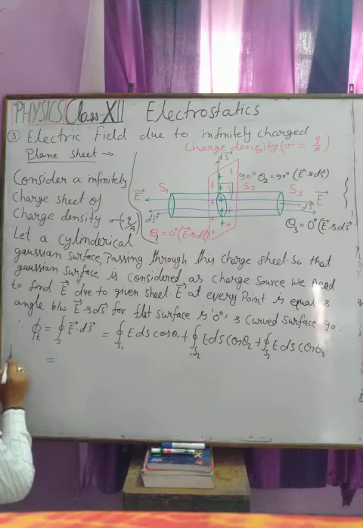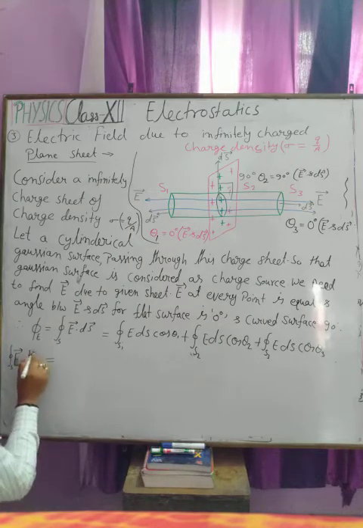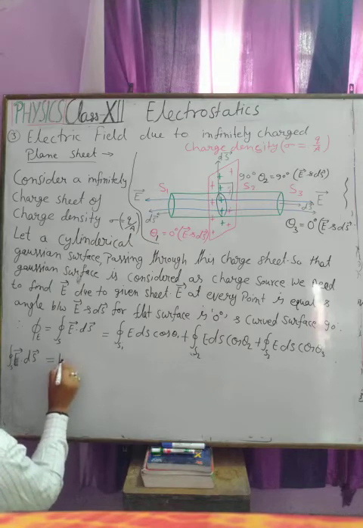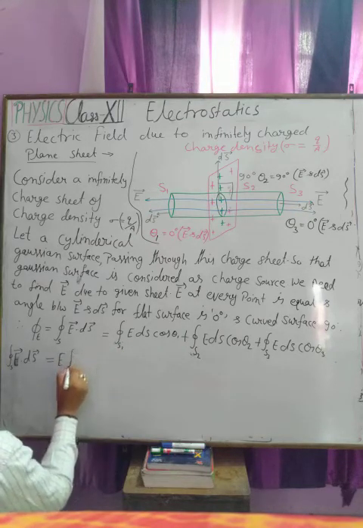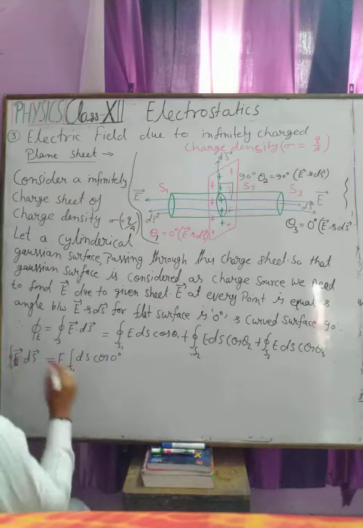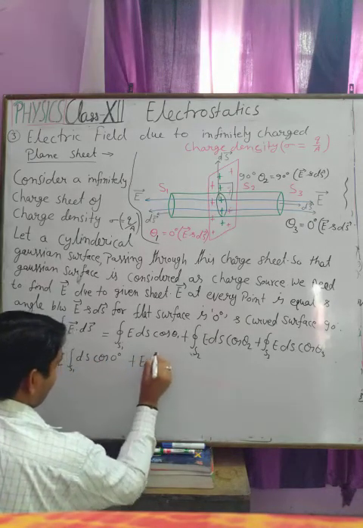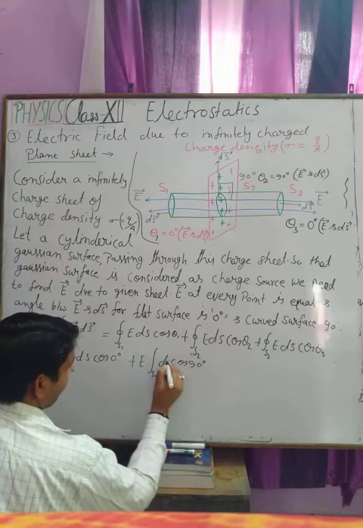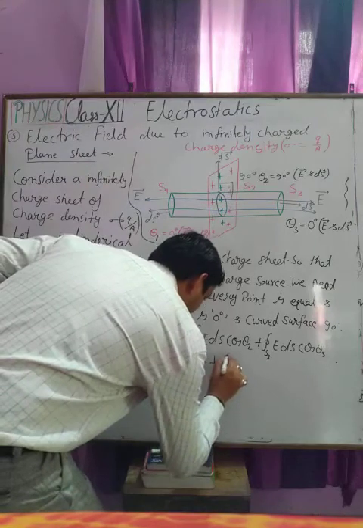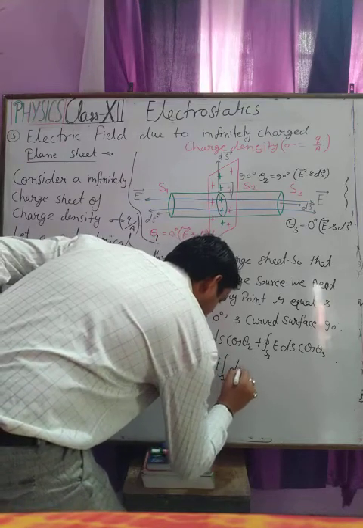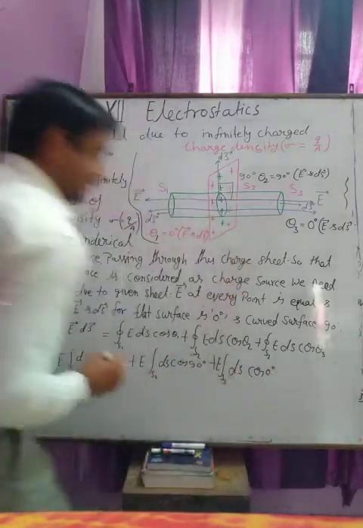We get the closed surface integral of E dot ds equal to, for surface 1, E ds cos 0 degrees, plus E ds cos 90 degrees for surface 2, and for surface 3 E ds cos 0 degrees.